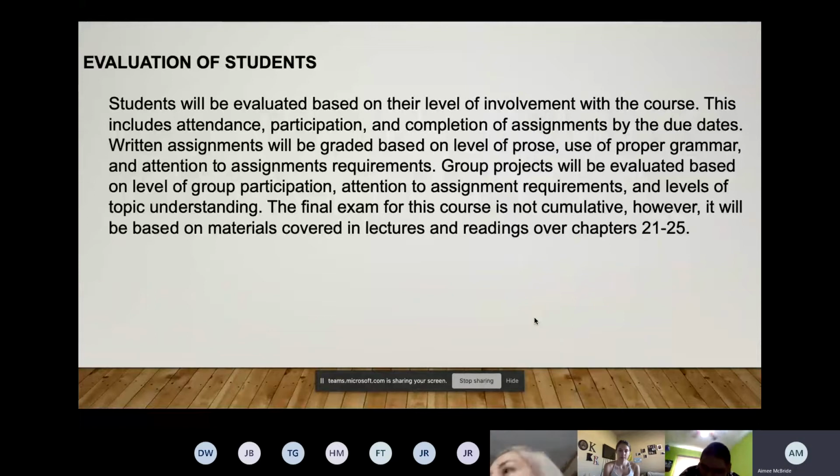Group projects will be evaluated based on level of group participation, attention to assignment requirements, and levels of topic understanding. With Midland College in an art appreciation course, you guys are required to complete at least one group project. So that is our one.